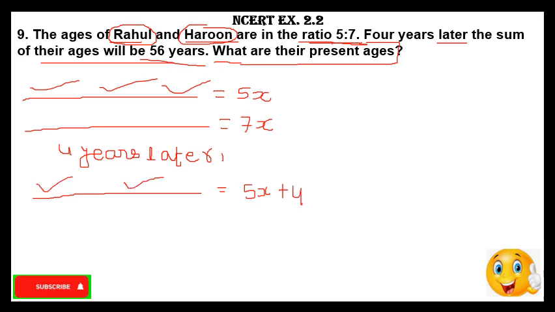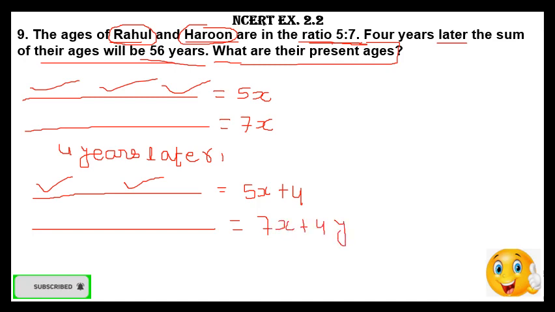The age of Rahul is 5x plus 4 years, and the age of Harun is equal to 7x plus 4 years. So these are the ages in years of Rahul and Harun.